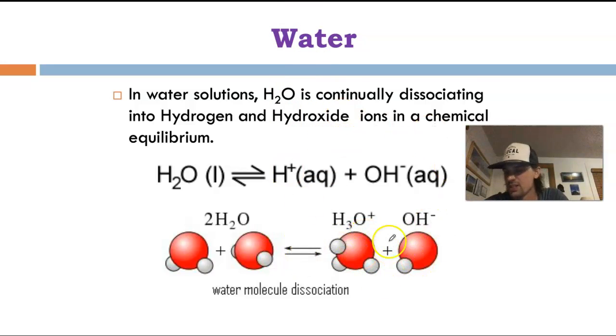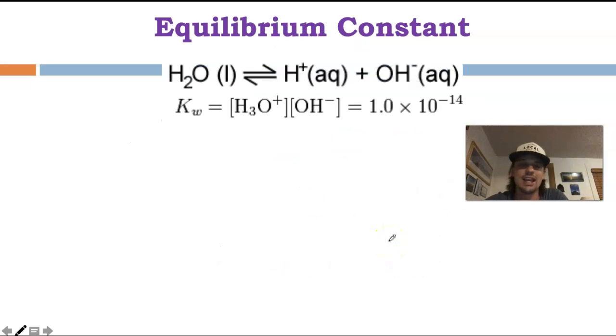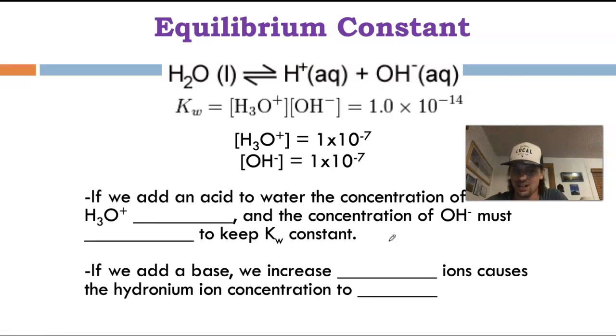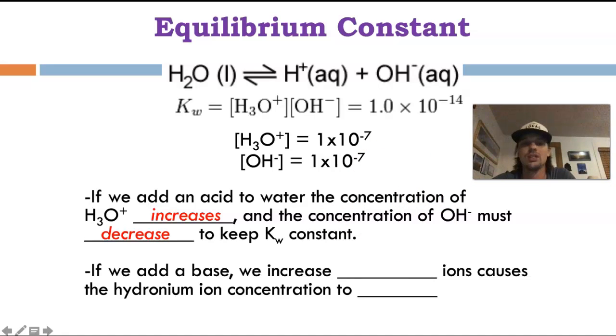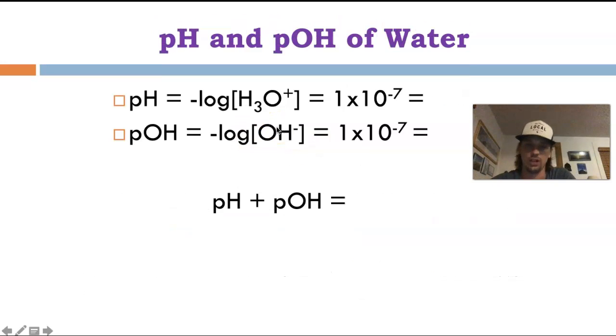And this brings us back to water. As I increase the hydrogen ion concentration, the hydroxide ion concentration is going to decrease. So if we add a base, we increase hydroxide, that means the hydronium ion concentration, the H+, is going to decrease. They have an inverse relationship.